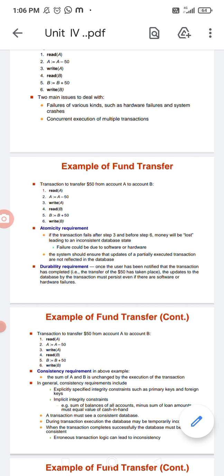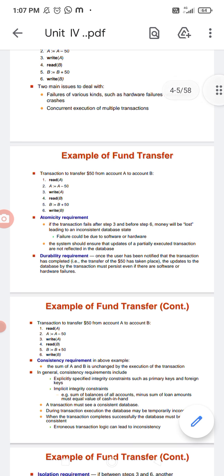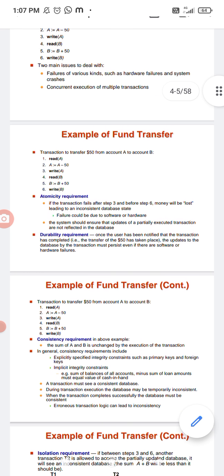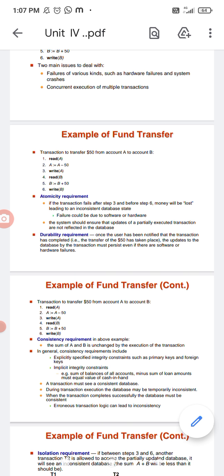If we start executing the program and at the fifth step we have to credit the amount, but we get a failure there, then it is not possible to complete the operation. This should not happen. That's why our execution should be atomic.